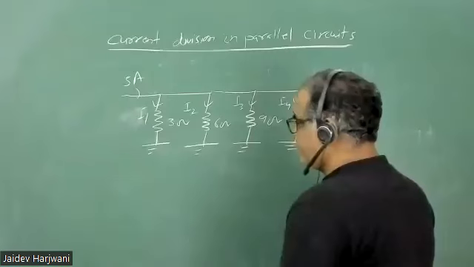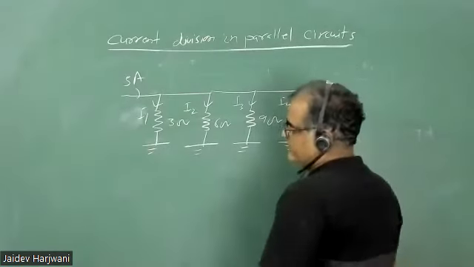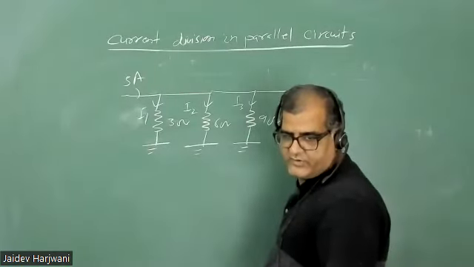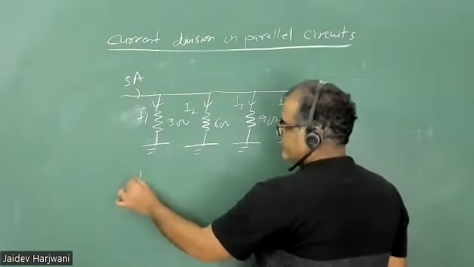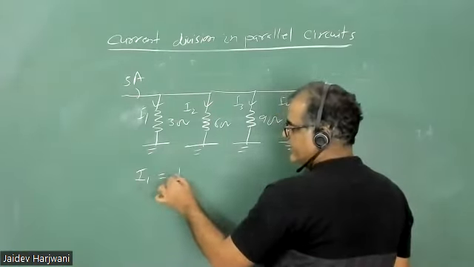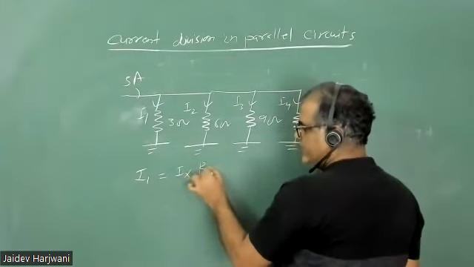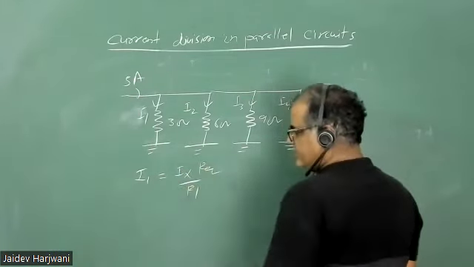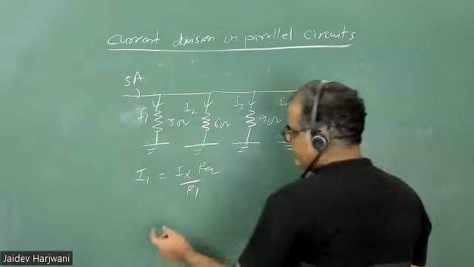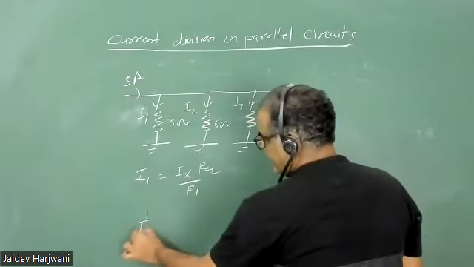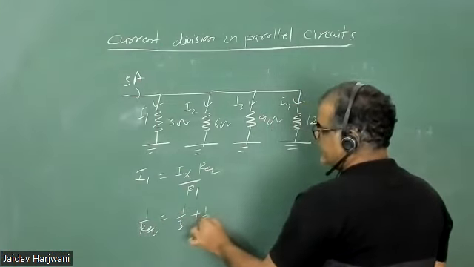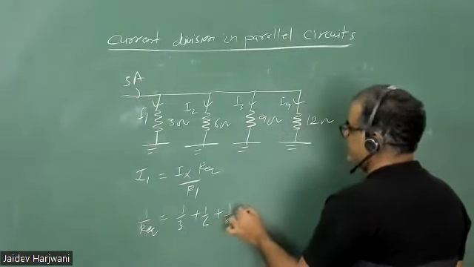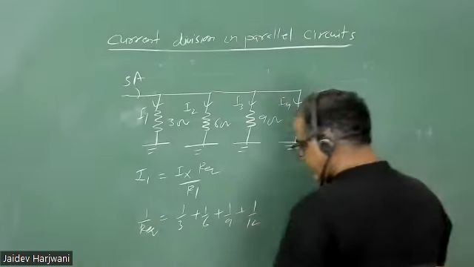Suppose I want the first formula, I into R equivalent by R1, to calculate I1. Very good. So I will be total current IT into R equivalent upon R1. Now R equivalent is what? To calculate, 1 upon R equivalent is equal to 1 upon 3 plus 1 upon 6 plus 1 upon 9 plus 1 upon 12.